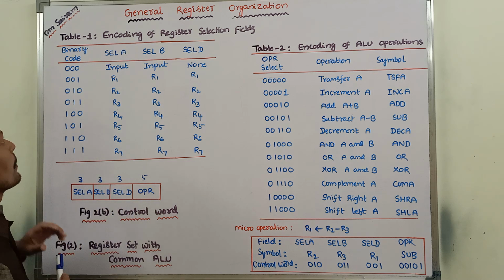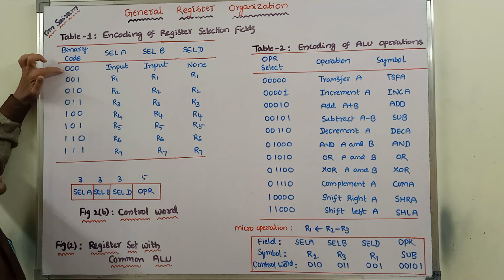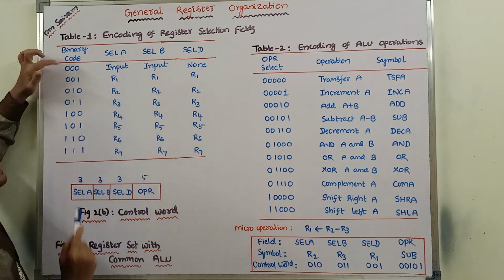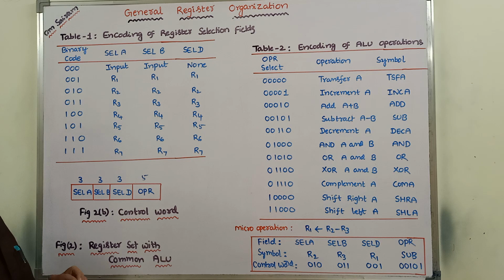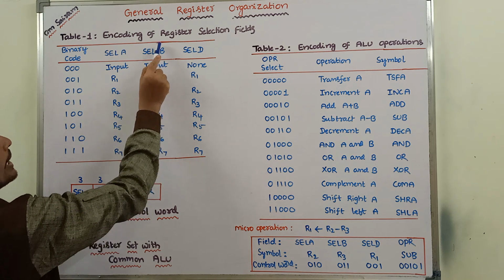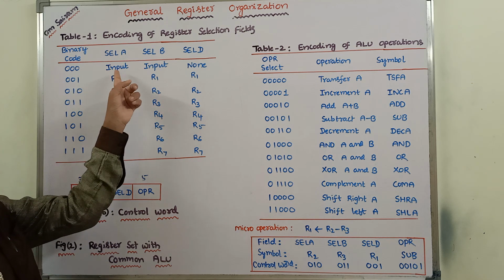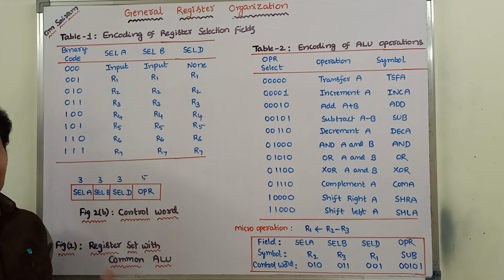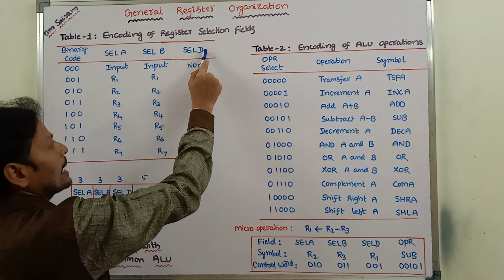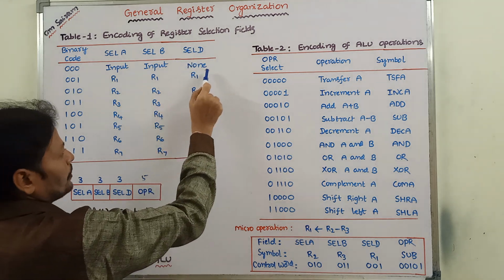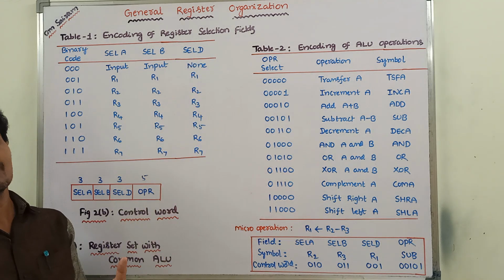Okay. First binary code is 000. We do not select any register in SEL A. We do not select any register in SEL B. At that time, only the input is selected. By using SEL D, we do not select any destination register.